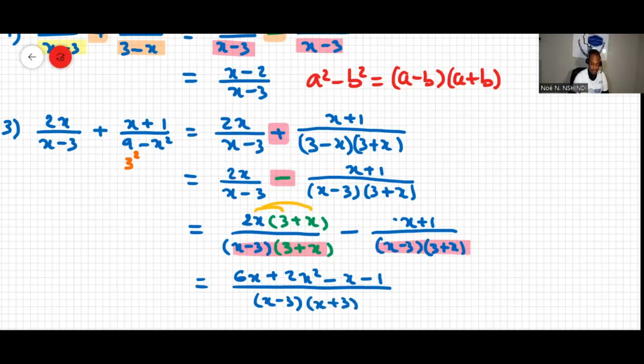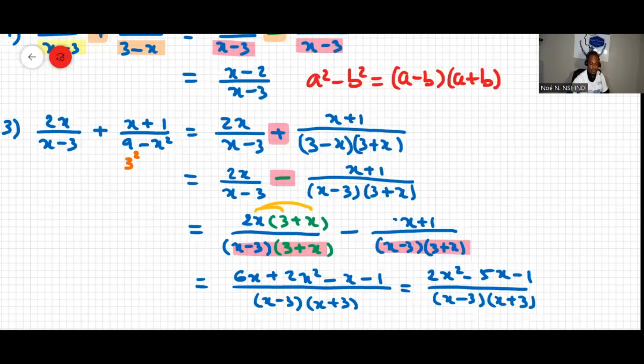Now this will be 2x squared, 6x minus x makes negative 5x, and then minus 1, all over x minus 3 and x plus 3.